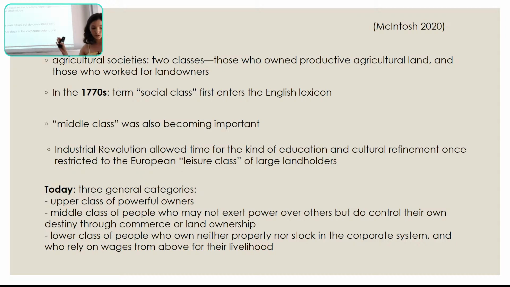Usually we think of an upper class, the ones who have the power; the lower class, usually workers who don't really own any property and rely on their wages; and then the middle class, who are above the lower class, but don't really exert power over others, though they do control their own life in some way.